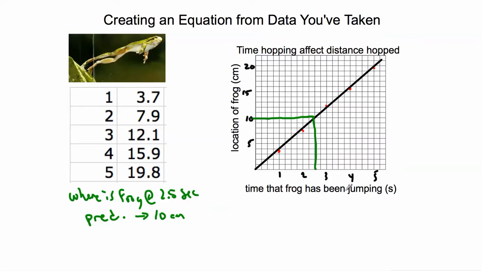And that's fine. But what if we wanted to know where the frog is at 10 seconds? Well, that's beyond the edge of our graph. Furthermore, we have to read up and read over, and that can be a little bit sloppy.